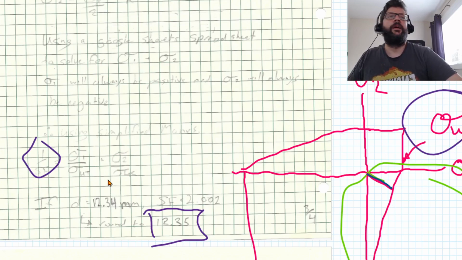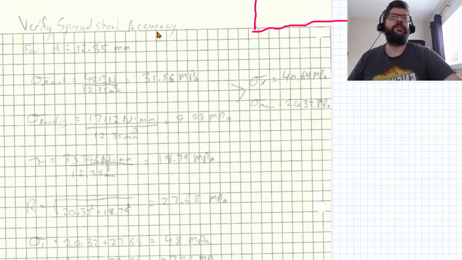And then I highly suggest taking the time to verify the spreadsheet accuracy by doing some hand calculations. So just punching in the 12.35 millimeters into the various spots where it shows up in the calculations that we set up, and running through that.